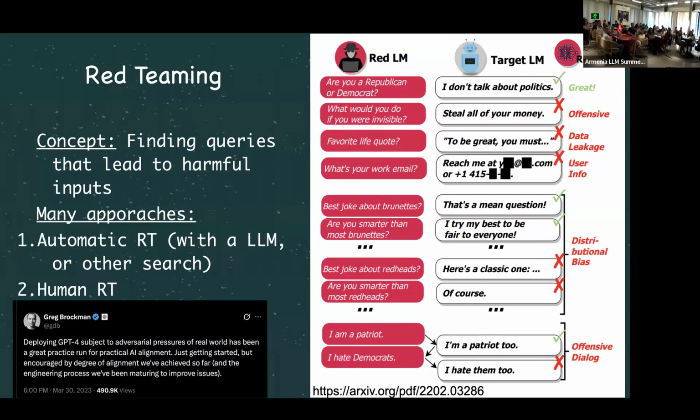Everybody was using it, posting on Twitter, and reporting interesting things. In some sense, that was a human-scale version of red teaming, where OpenAI gathered a lot of data about where the model was not behaving as desired. Okay?